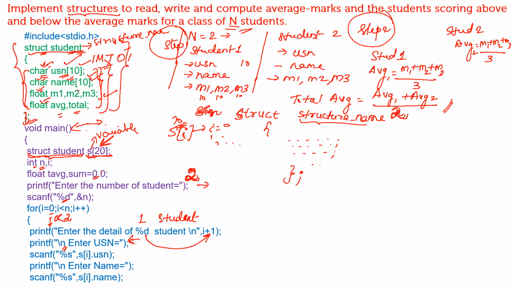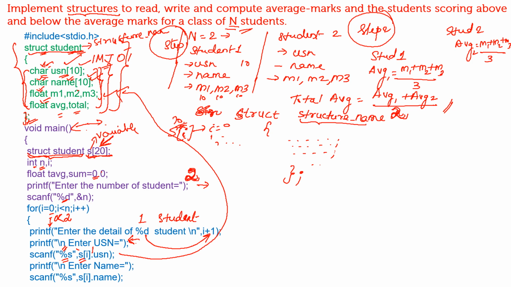So how will you access the variable now? Accessing the member, always you have to remember for your structure. I have told you the difference from the previous scanf, you will be using ampersand, right? So scanf percentage, since it's a string, the format specifier is percentage s, comma, how will you access the element? S of I dot USN.